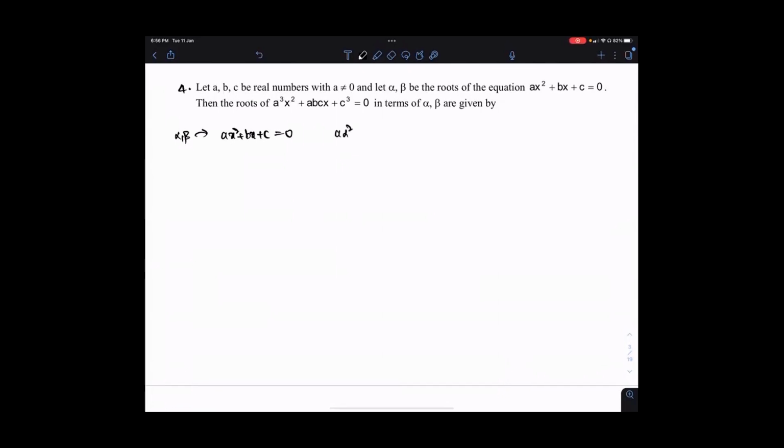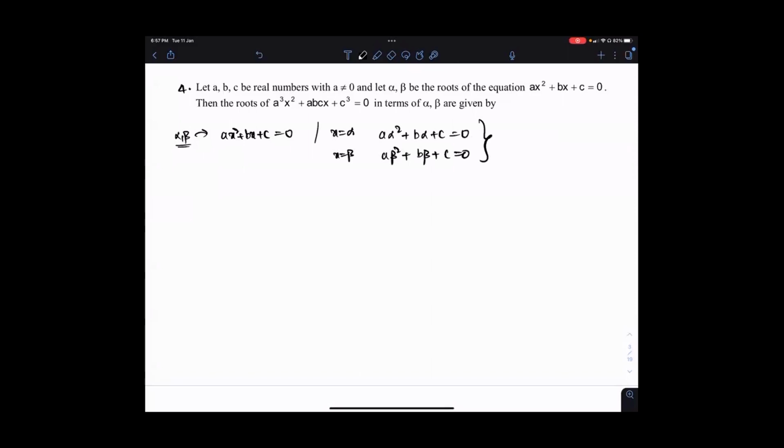If you put x equals alpha, this equation will be satisfied, or this expression will go to 0. If you put beta, a beta square plus b beta plus c is equal to 0.